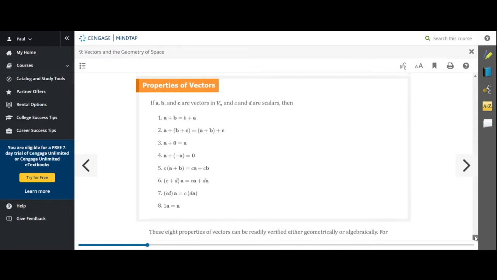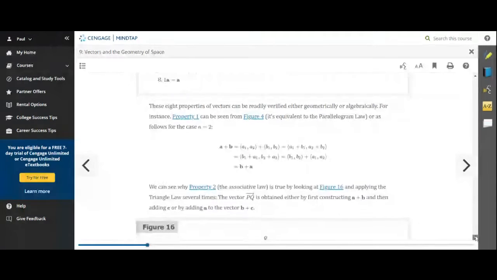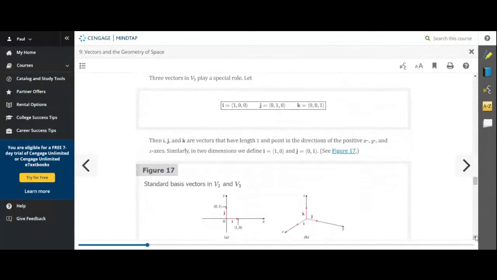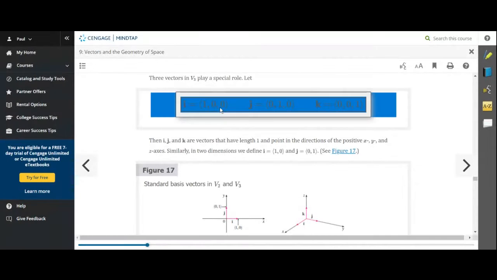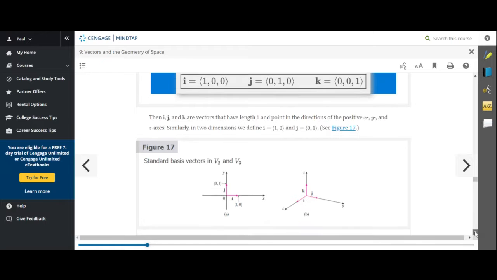So also with vectors now, how many have seen these vectors maybe in a physics class? The IJK vectors. Absolutely. And this gives us then the ability to write vectors using a different notation.